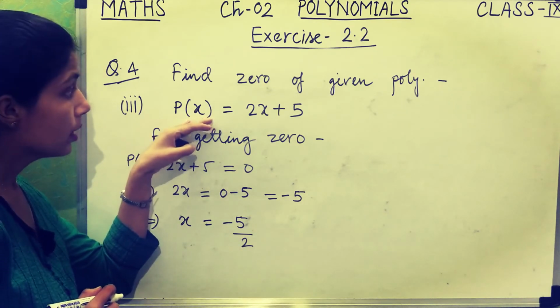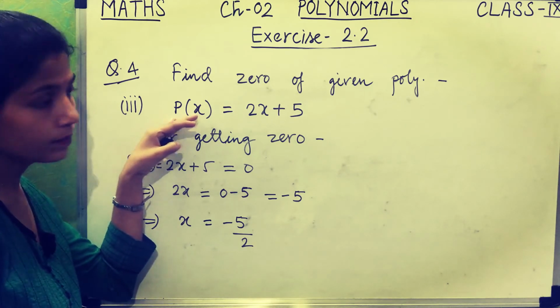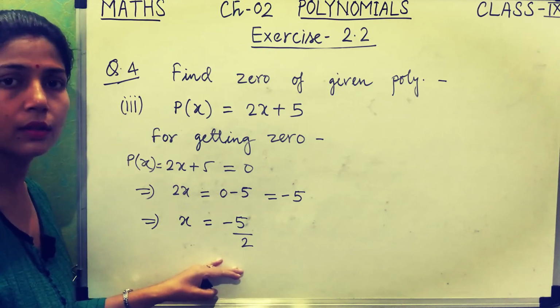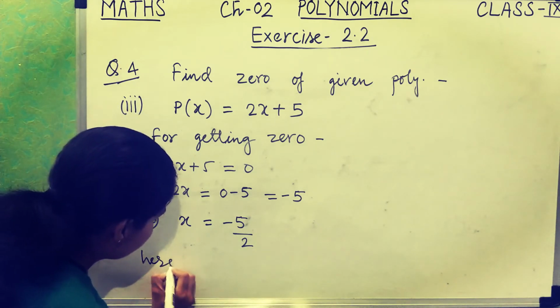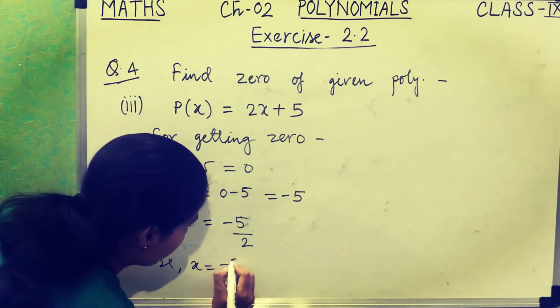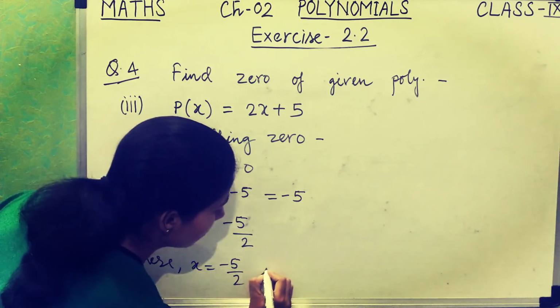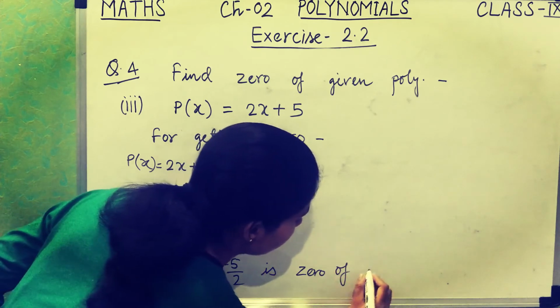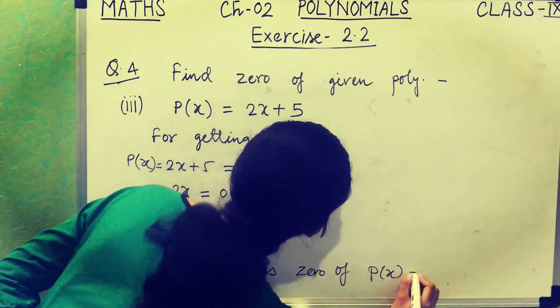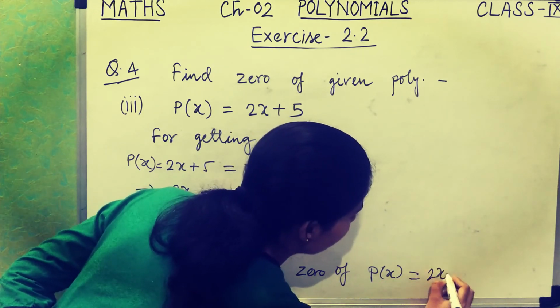If you get the value of the polynomial 0, then surely it is a 0. Okay, so here x equals to minus 5 by 2 is the 0 of the given polynomial p(x), that is 2x plus 5.